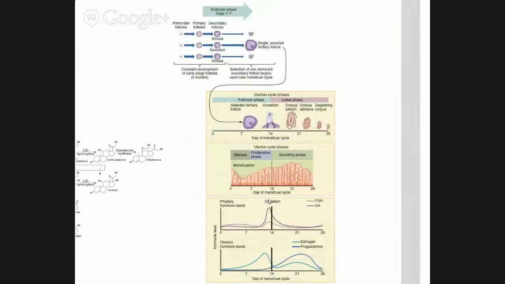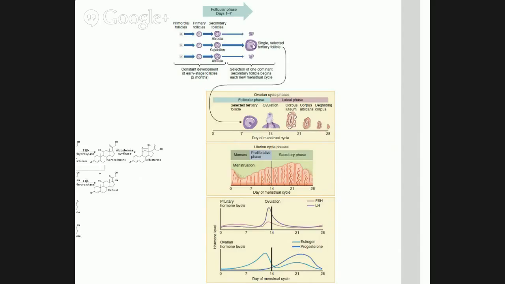For the sake of the book, this is kind of where they put together some of what's happening in making the follicles develop. So multiple primary follicles will be stimulated by FSH to start developing, and they become primary follicles and they grow into secondary follicles.